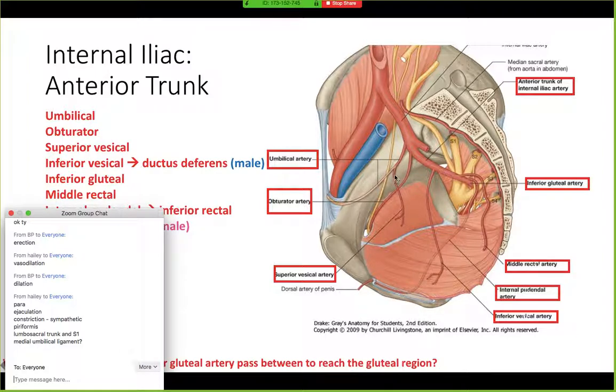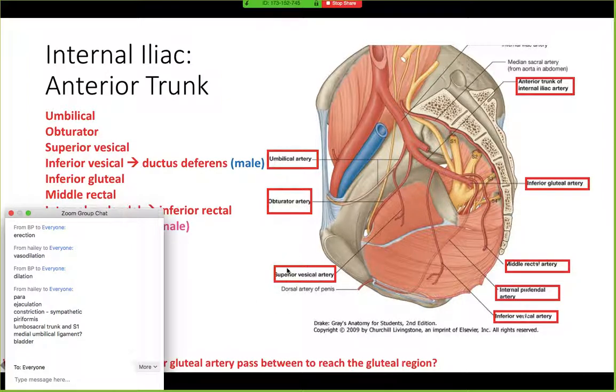And then off of the umbilical artery, we usually have the superior vesical artery. So this is a usually kind of thing. This relationship definitely isn't a guarantee, so you want to look for where it's going. So superior vesical, where is that going to be headed? What is that supplying? The bladder, right?